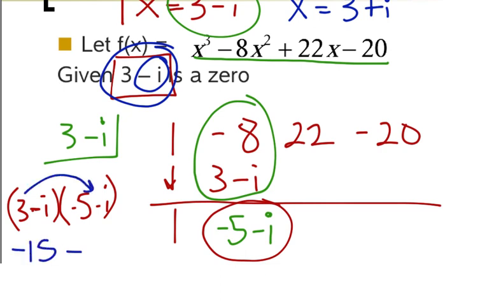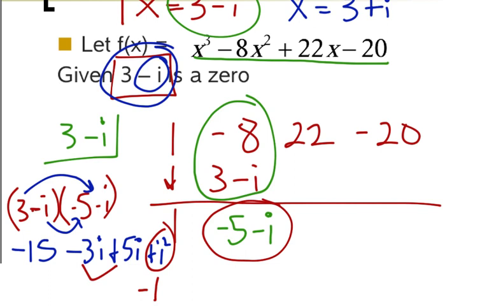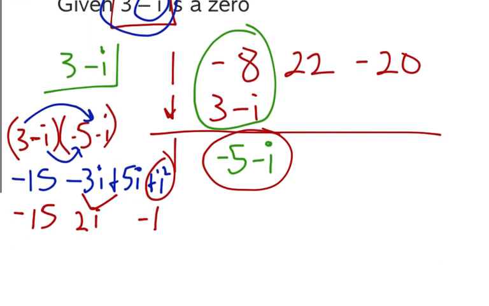Distribute here, I get negative 3i, positive 5i, and then negative times negative i gives positive i squared. We want to recall that i squared is negative 1. If I combine these, this gives me 2i, and I bring down my negative 15. So this results in negative 16 plus 2i.